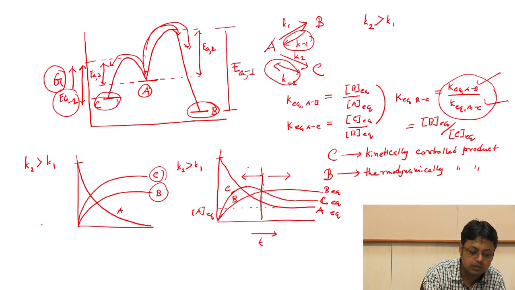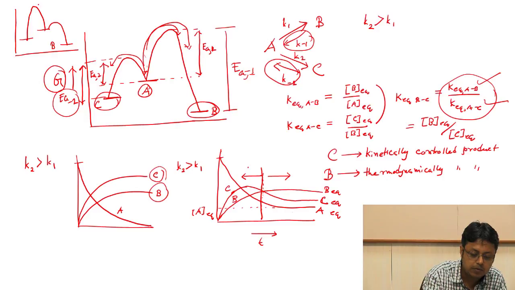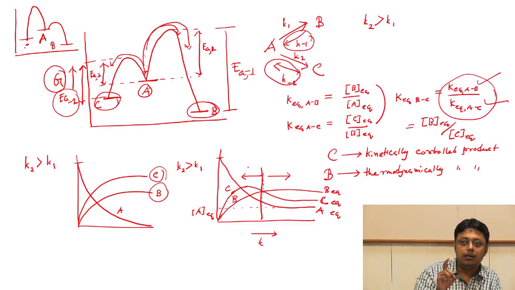Suppose this is the reactant, and I could have drawn B here with a smaller barrier, and then C here, which is thermodynamically less stable, with a larger barrier also. So here the barrier from A to C is higher, and B is both thermodynamically controlled as well as kinetically controlled.